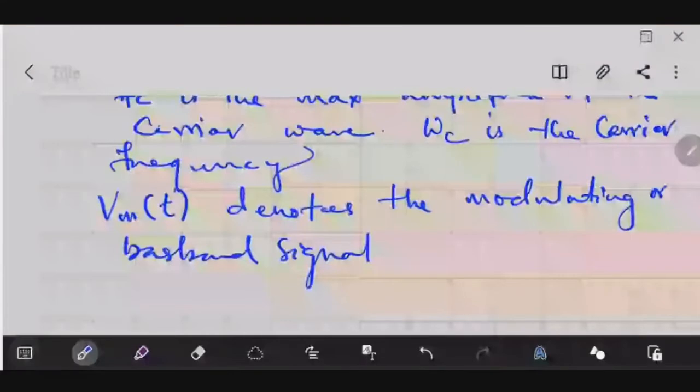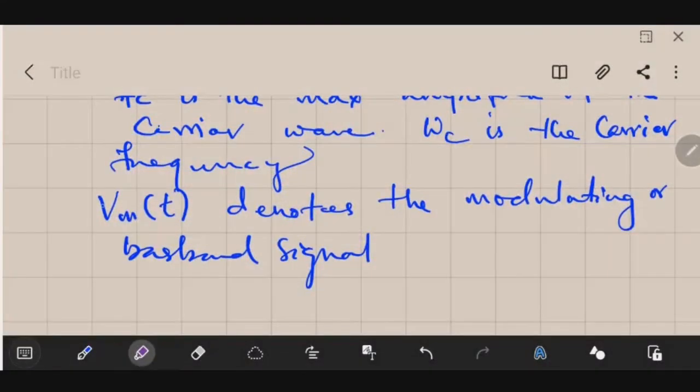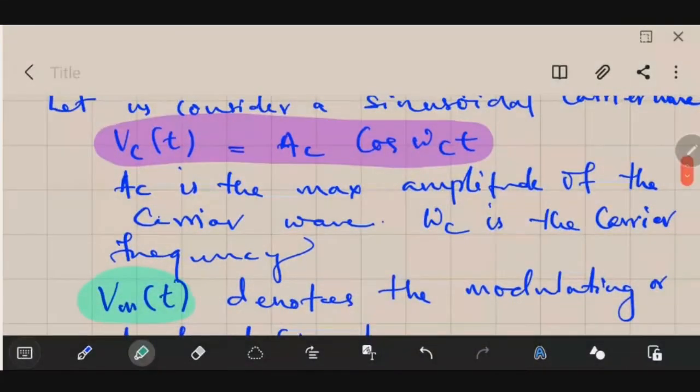You have seen that this is the modulating or baseband signal, and the one I have highlighted in violet is the carrier signal. Can you tell me how the modulated signal will look? What will be the equation of the modulated signal?